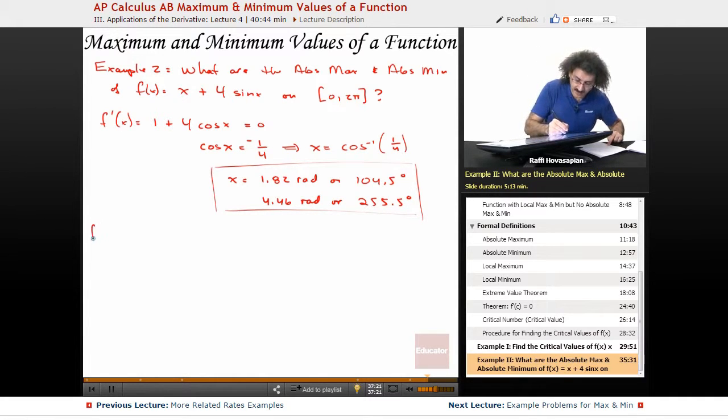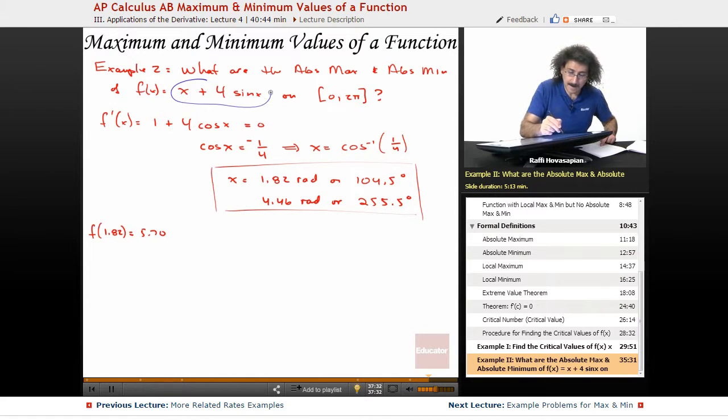That's our second step. So f of 1.82 is equal to 5.70. In other words, I put these back into the original function to evaluate it. And f of 4.46 is equal to 0.59.